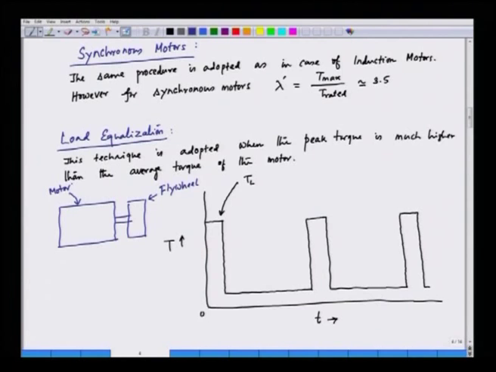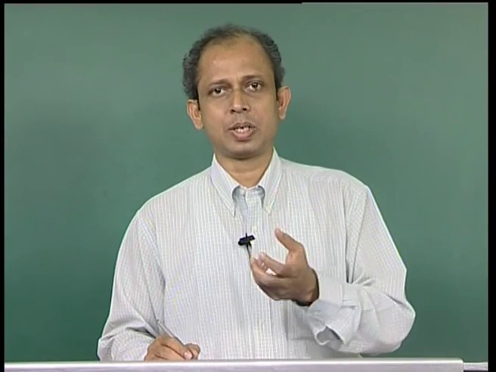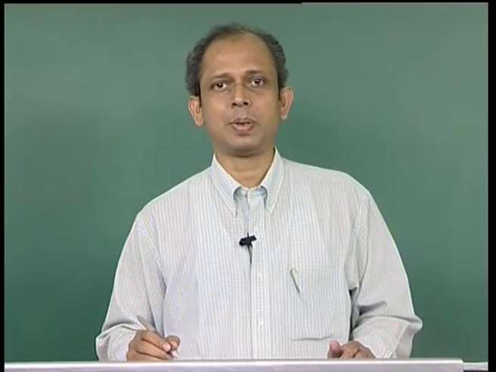So, when we attach a flywheel, the flywheel takes some part of the kinetic energy, and the kinetic energy is stored in the low torque region, and this kinetic energy is given in the high torque region. In fact, if we plot the speed against time, we see that when high torque is applied, the speed decreases, and when low torque is applied, the speed increases.